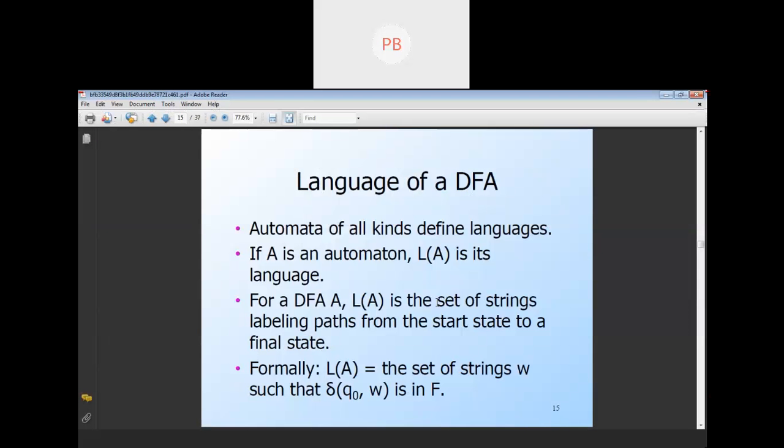Okay, let's start the next topic, which is called the language of a DFA. Let me share my screen. The language of a DFA.